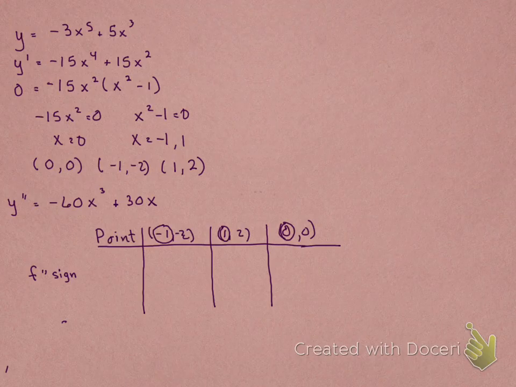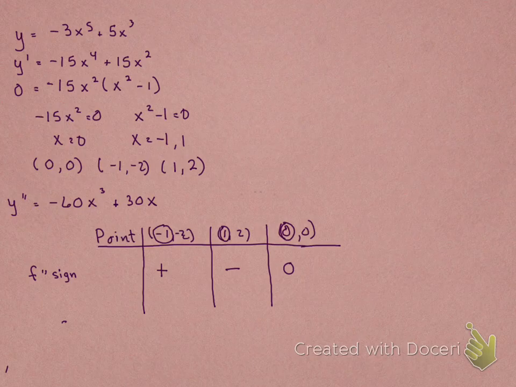So when x is -1, the second derivative is positive. When x is +1, we get a negative. And when x is 0, we get a 0. And we'll look at that 0 and what the importance of that is in just a minute.